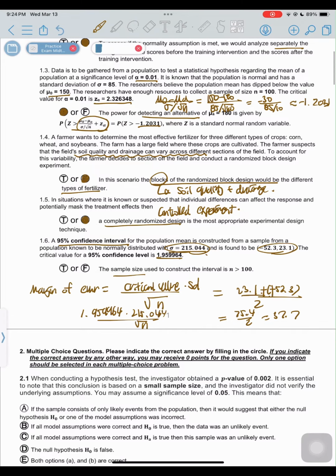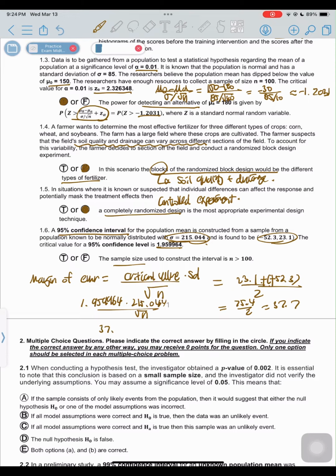So 37.7 times square root of n is equal to 1.959964 times 215.044. So 215.044 times 1.959964, then divided by 37.7, and if you do that, you get square root of n is approximately 11.18.